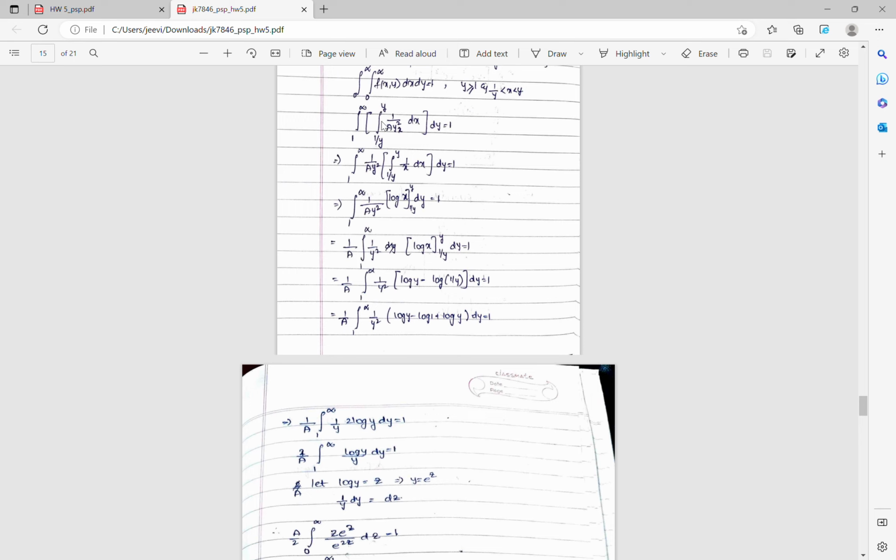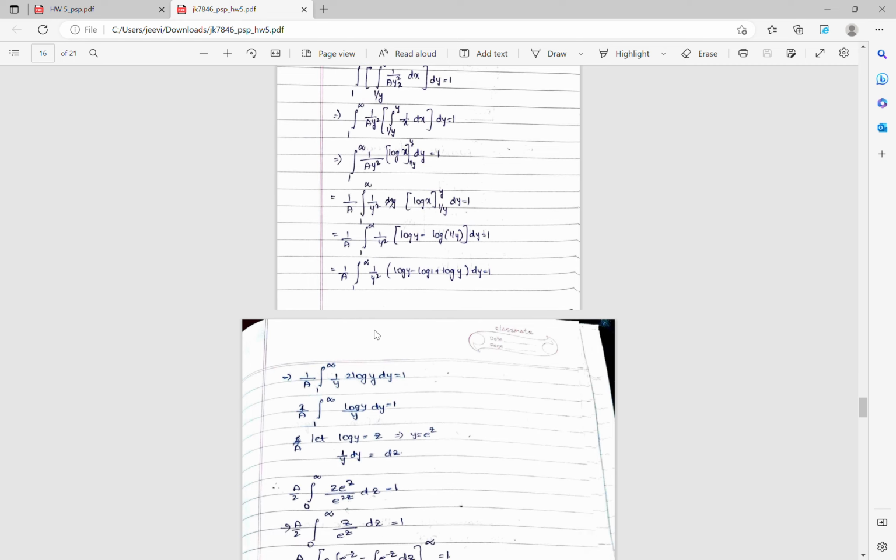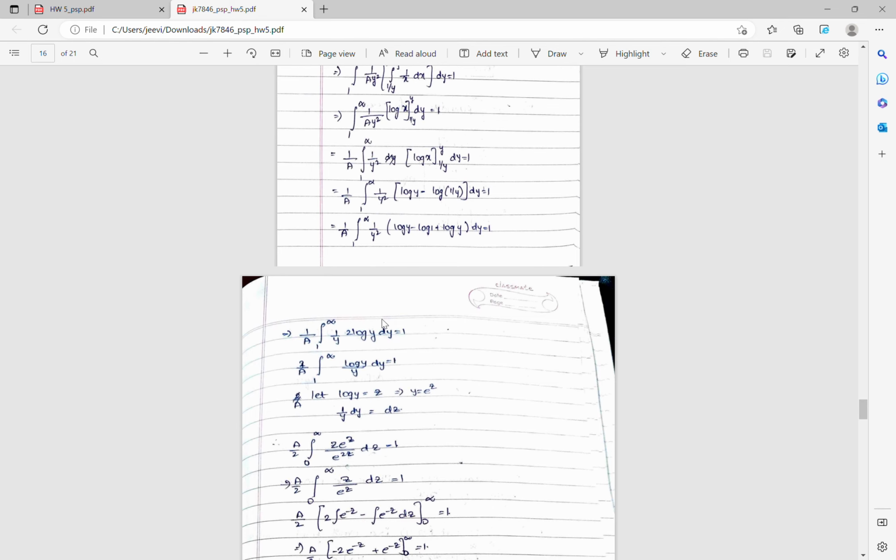First let's take it over the interval 1 by y to y, since the value of x is between 1 by y and y. Therefore, we'll be taking the integral over 1 by y to y of the function dx dy equal to 1. If we do the integral, we will get the value as 1 by a into integral 1 to infinity of 1 by y square into log y minus log 1 by y.